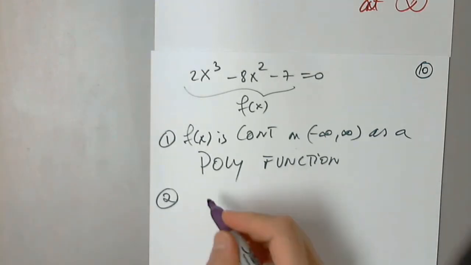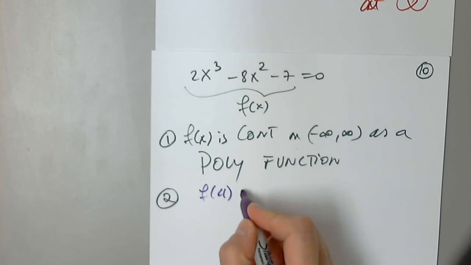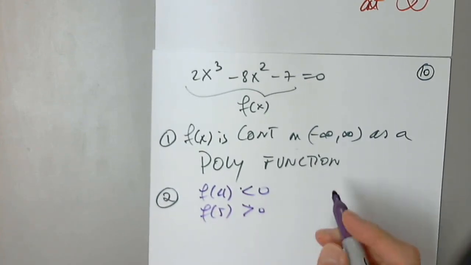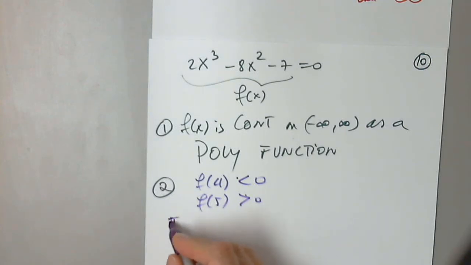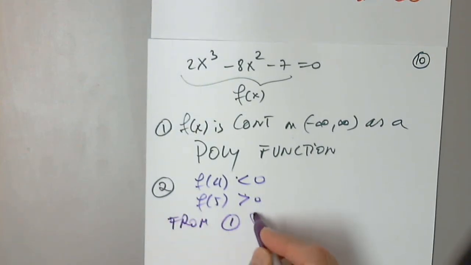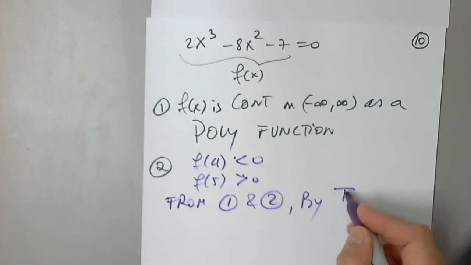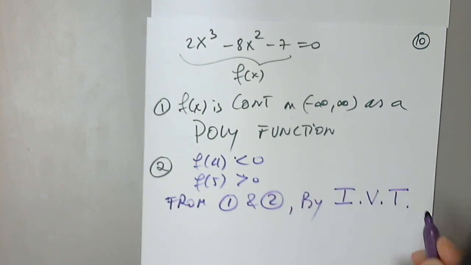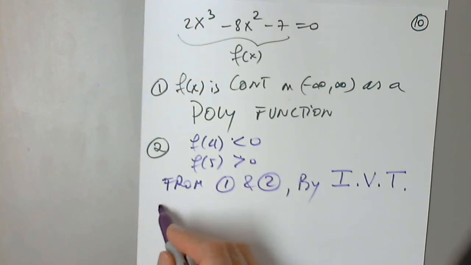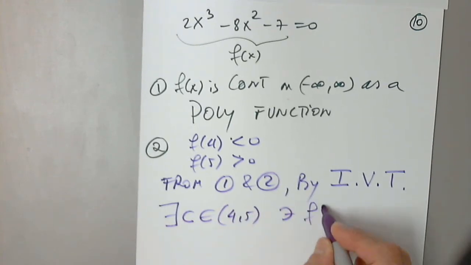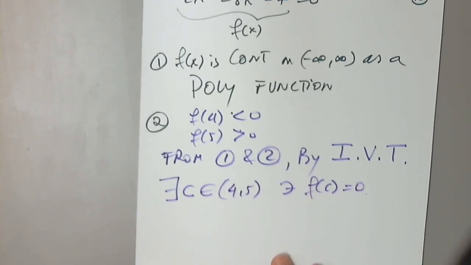So I'll say f of 4 is less than 0, f of 5 is greater than 0. From 1 and 2, by the intermediate value theorem, IVT, there exists a c in the interval (4, 5) such that f of c is 0.